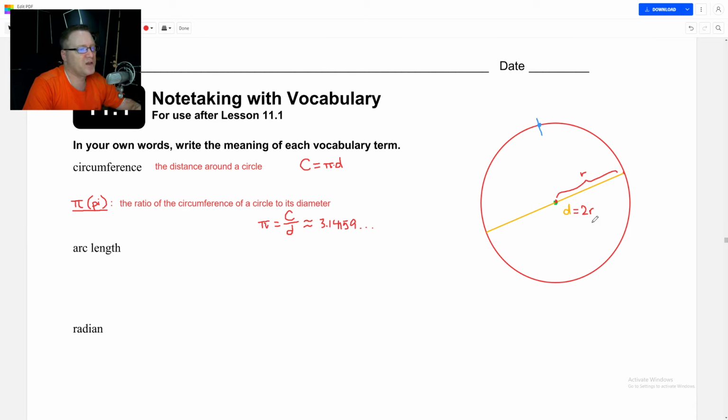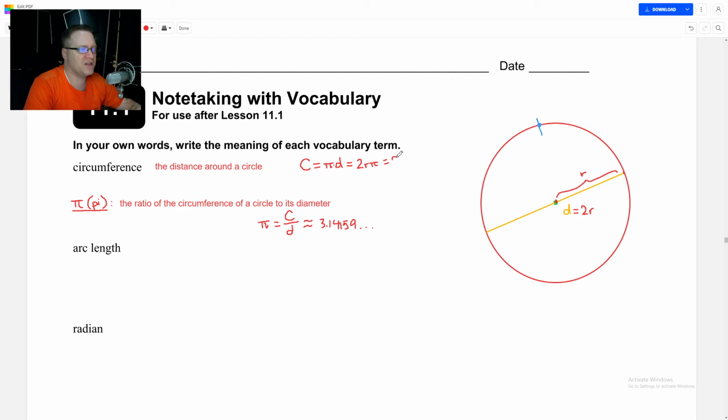So d is 2 times r. We could also write the circumference as 2 times r times pi, because d is 2 times r, and then we multiply by pi.